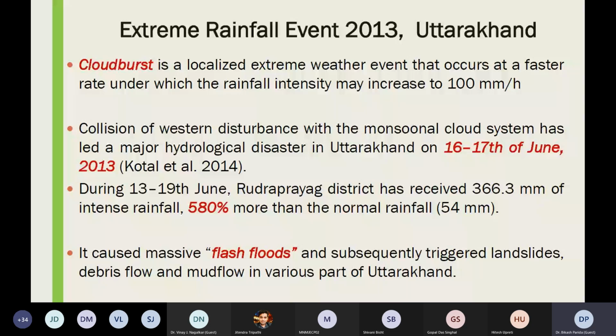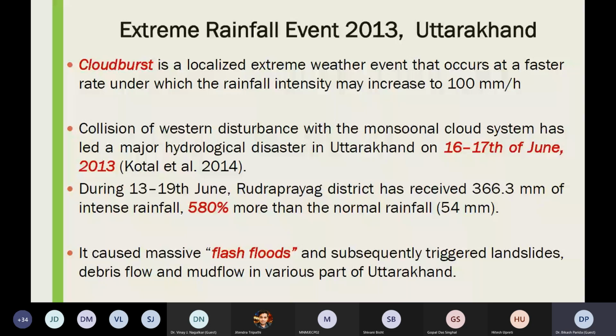Your normal rainfall is usually 54 millimeter, but it exceeded too much, and it caused a massive flash flood, and subsequently it triggered landslides, debris flow and mud flow, and lots of damage was done by this event.